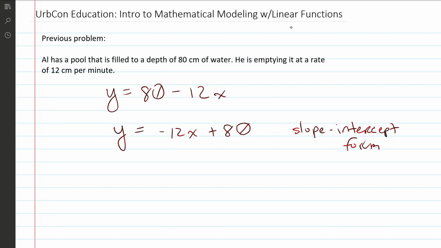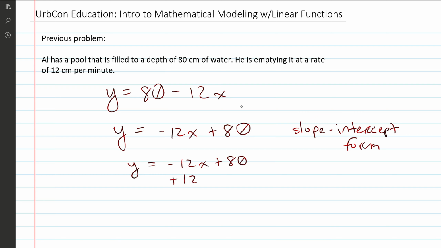So this form has the y by itself on the left hand side, and in the middle we see the slope, the negative 12, and then the y-intercept, that constant that's at the end. Let's say we wanted to rearrange things a little bit and put the negative 12x on the left hand side. Well, how do I do that?